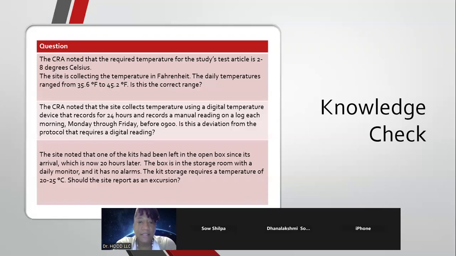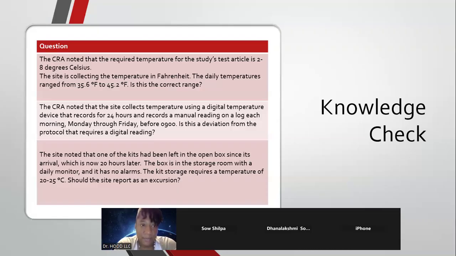The box is in the storage room with a daily monitor that has no alarm. The other medications are in that same room, but they're just on the shelf. This medication is still in the box. The kit storage requires 20 to 25 degrees Celsius. 20 to 25 degrees Celsius is room temp. Room temperature. So therefore, there is no excursion.